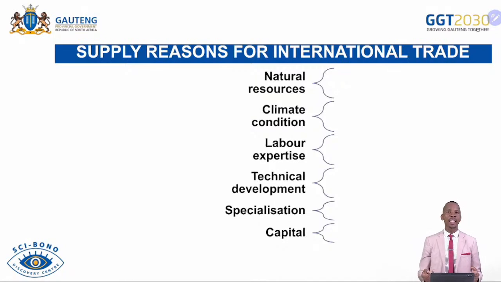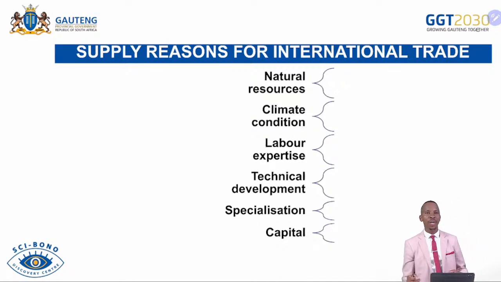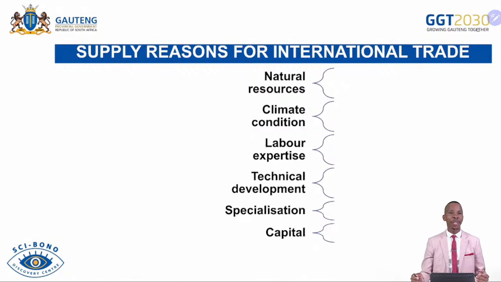We also know that climate condition differs from country to country. This one is natural. We cannot influence it. If a particular land does not favor the growth of a certain crop, while the crop is necessary worldwide, the country that is capable of producing the crop should do what? That country should have a surplus production and supply countries that have less of that particular crop.